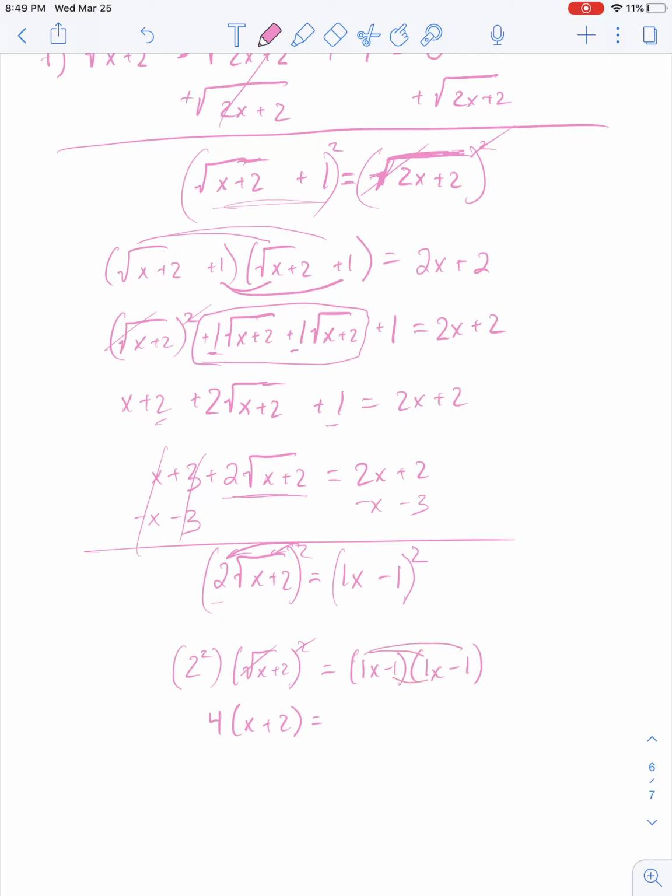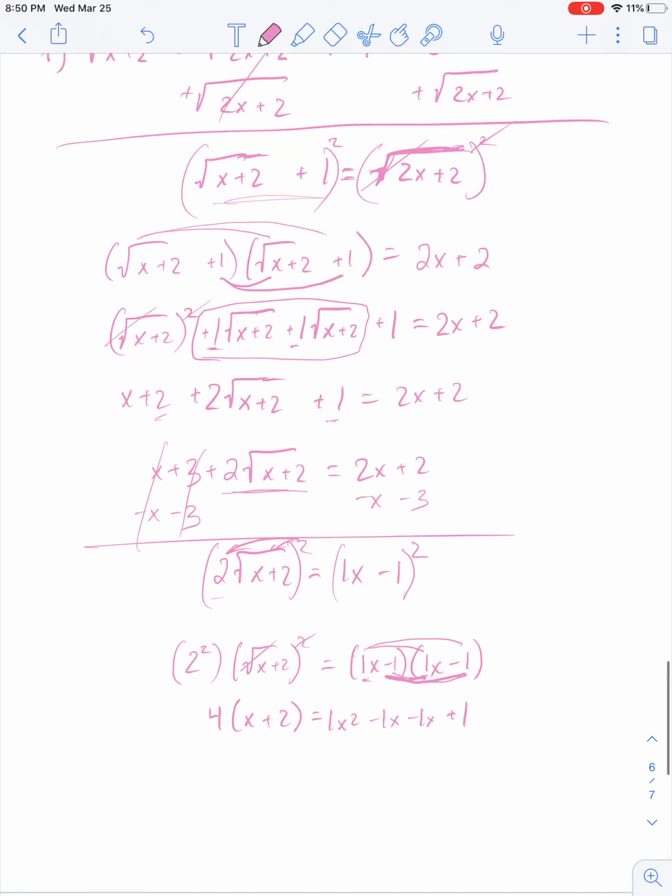So again, we distribute or FOIL. We're left with 1x times 1x is 1x squared. 1x times negative 1 is minus 1x. Negative 1 times 1x is a negative 1x. Negative 1 times negative 1 is a positive 1.